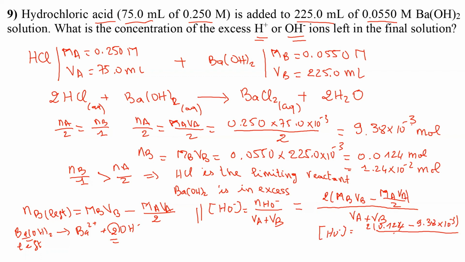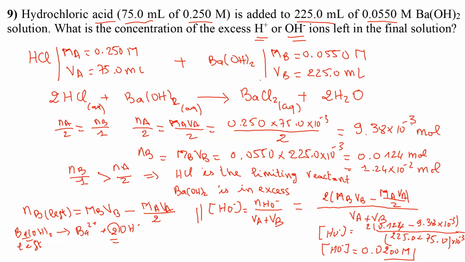What is the volume? Okay, 225.0 plus 75.0 10 to the power minus 3, okay, to get it in liter, and the concentration will be equal to 0.0200 molar. Okay, so that's it.